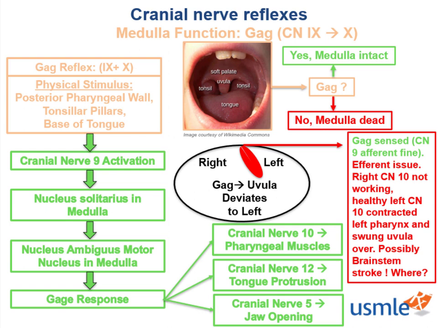However, there is a motor or efferent issue. The right cranial nerve 10 is not working. Think about it. The left cranial nerve 10 contracted unopposed on the left side of the pharynx and then swung the uvula over to the contracted side, the left side. This may indicate a possible brainstem stroke. Where would this brainstem stroke be? The medulla.